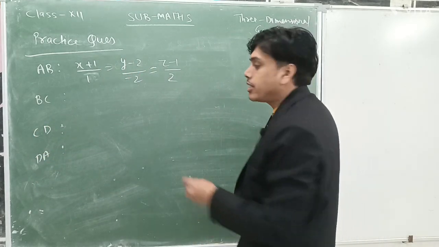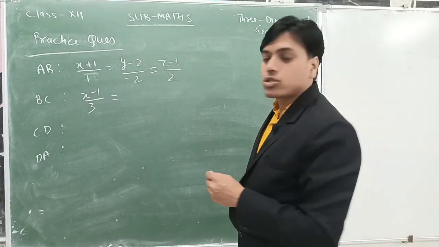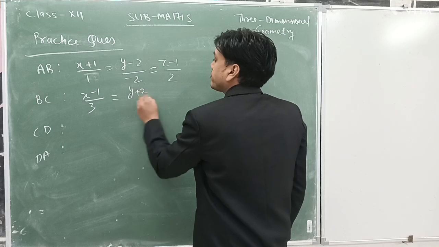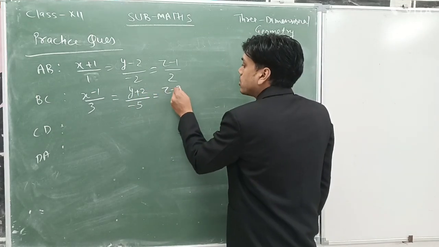The equation of BC is (x minus 1)/3 is equal to (y plus 2)/(minus 5) is equal to (z minus 5)/3.